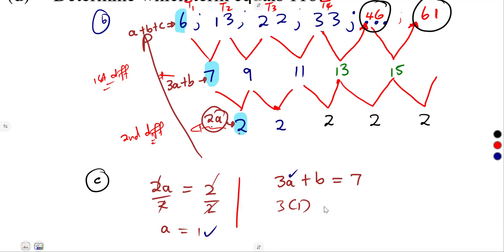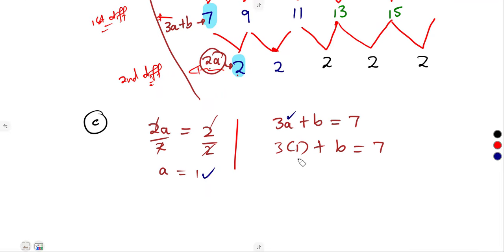So that's 3 times 1 plus b, which is equal to 7. So you can solve for b. 3 times 1, that is 3, plus b, and that is equal to 7. So you can take the 3 to the other side of the equation, which was going to be a negative there, or simply subtract 3 both sides. So 7 minus 3, that is what? That is 4.